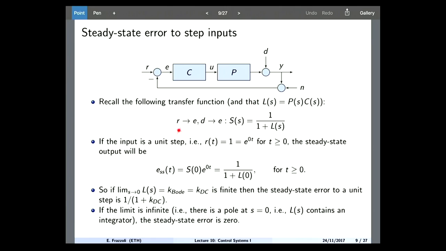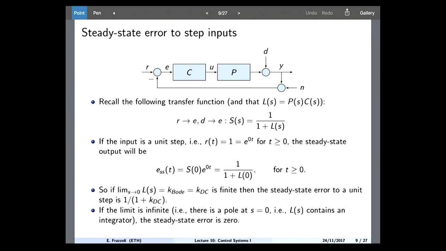The transfer function from the reference to the error is this transfer function here, so it's 1 over 1 plus L(s), where L(s) is the loop transfer function, the product of my plant and my controller transfer functions.